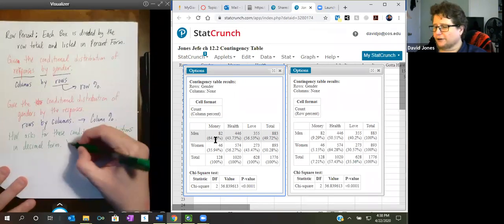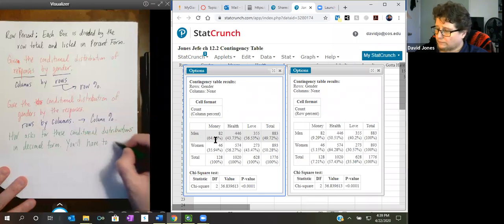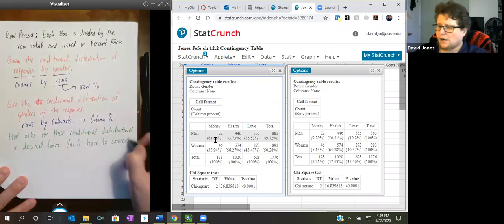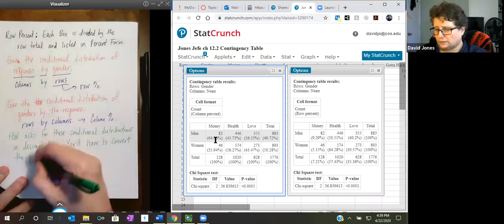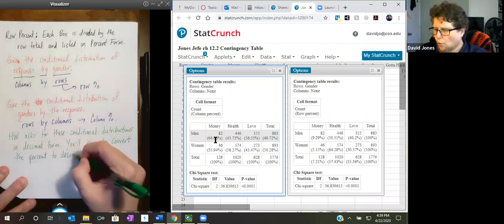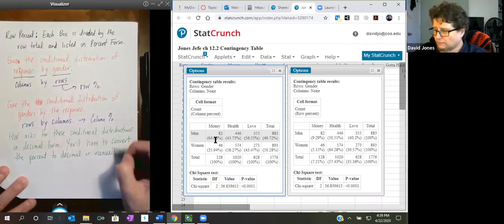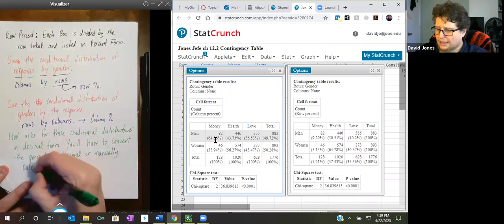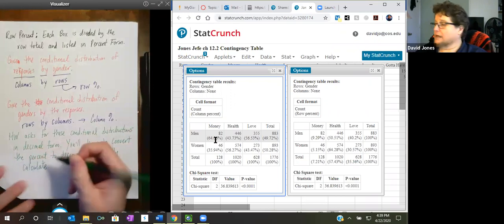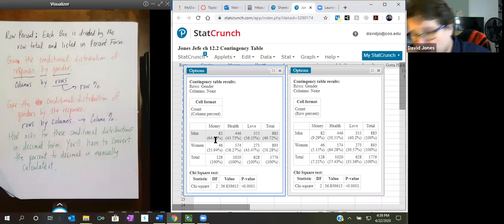You'll have to convert the percent to decimal, or manually calculate it. And we'll do an example in the homework. I'll actually manually calculate it first, and then I'll show you what response we would have gotten.